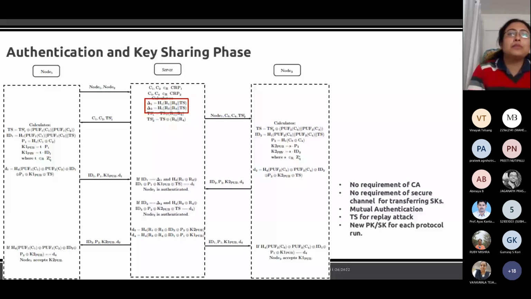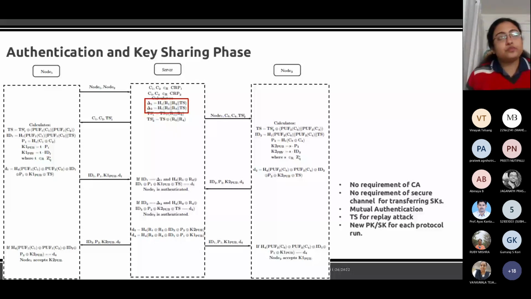Why is this timestamp important? The timestamp records exactly when the server started processing the authentication request of node 1 and node 2.